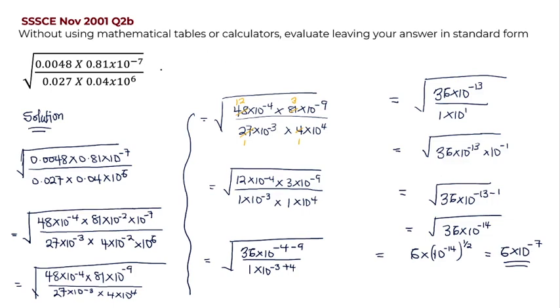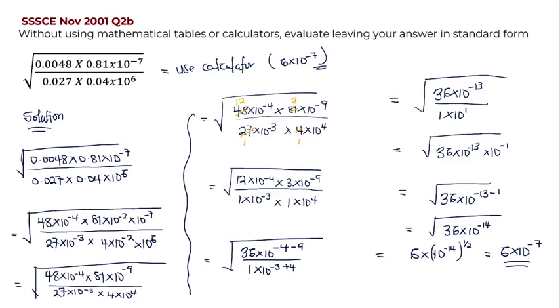Now, in case you are doing the exam and you have this problem, the first thing you need to do is to use your calculator to find your solution. After punching everything into the calculator, you had 6 times 10 raised to the power minus 7. You just write it at the top corner of your paper and then you do your calculation.